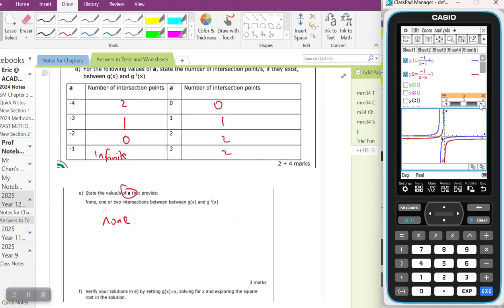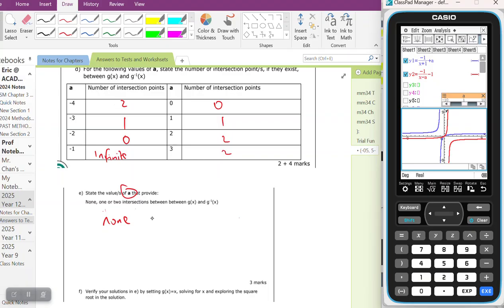And 0 has no intersection points. At 1, it kisses again. So for no intersection points, it'll be between -3 and 1, because between -3 and 1 it doesn't intersect.